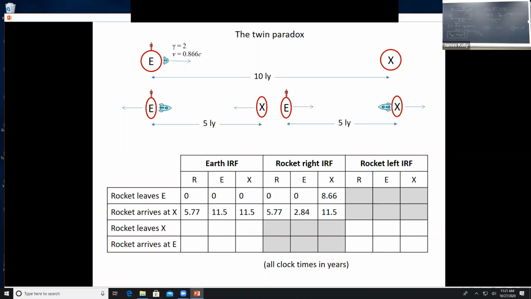Now remember, the person who's present at both events always measures the shorter amount of time as having elapsed. That was just the way it worked out. The other way, it seems like it would be like that, but we have to take into account the asynchronization of the clocks. So we found out Bob says this amount of time elapsed. That's the shorter of the two times. The two times are going to differ by a factor of gamma.